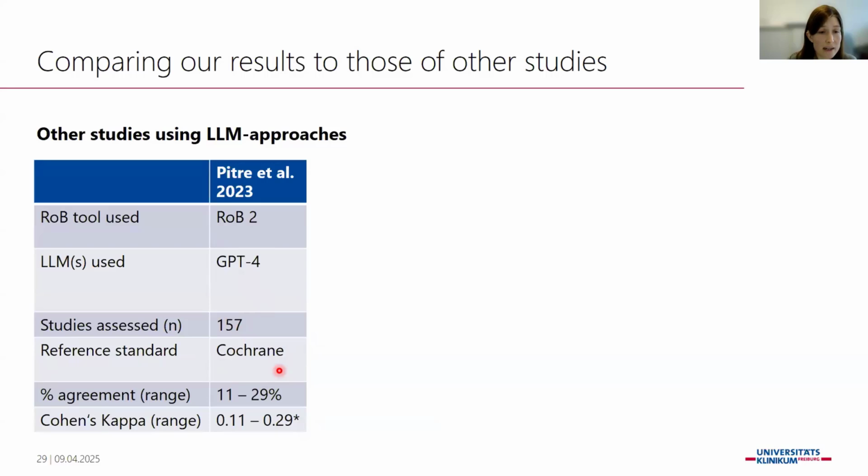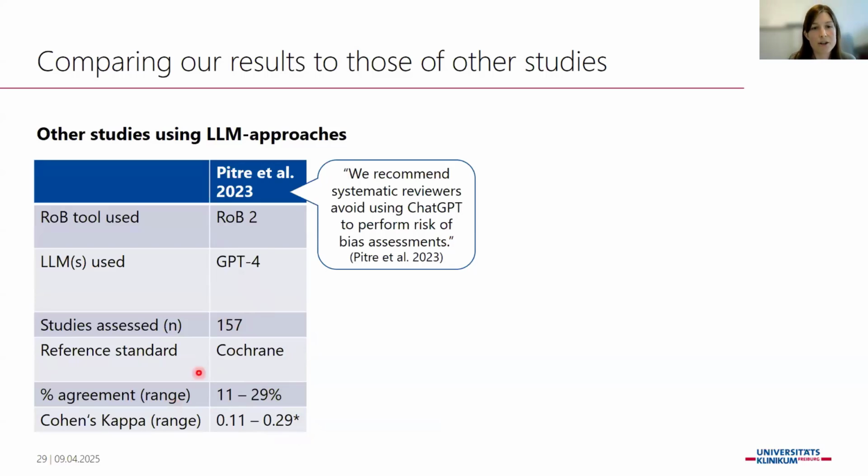And as you can see here, they even had lower agreement rates than in our testing, but Cohen's kappa was comparable to our testing. And here just one sentence of the conclusions. We recommend systematic reviewers avoid using ChatGPT to perform risk of bias assessments. So not really optimistic statement at the end.